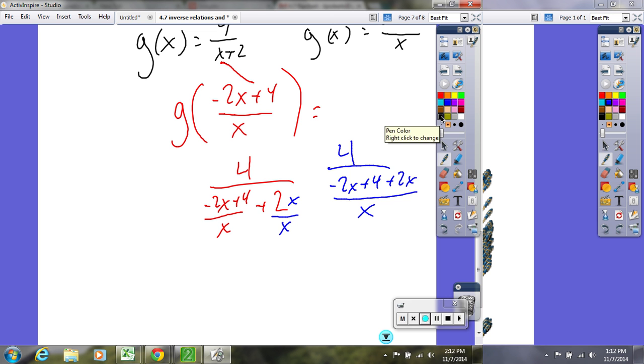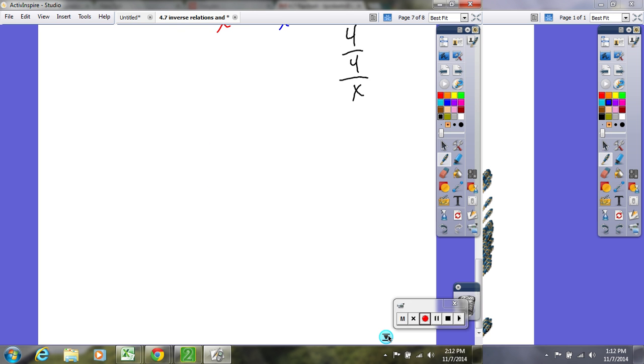It's actually pretty nice. Now, this becomes 4 over 4 over x. And remember, when I have 4 divided by 4 over x, what do you do? You multiply the top by the bottom's reciprocal.